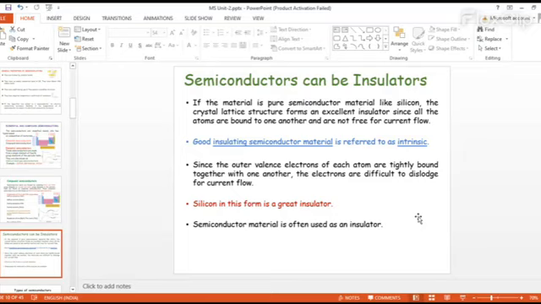Since the outer valence electrons of each atom are tightly bound to another through covalent bonds, it is very difficult to dislodge an electron from the covalent bond to make free electrons. Silicon in this form is a great insulator. Semiconducting materials are often used as insulators.